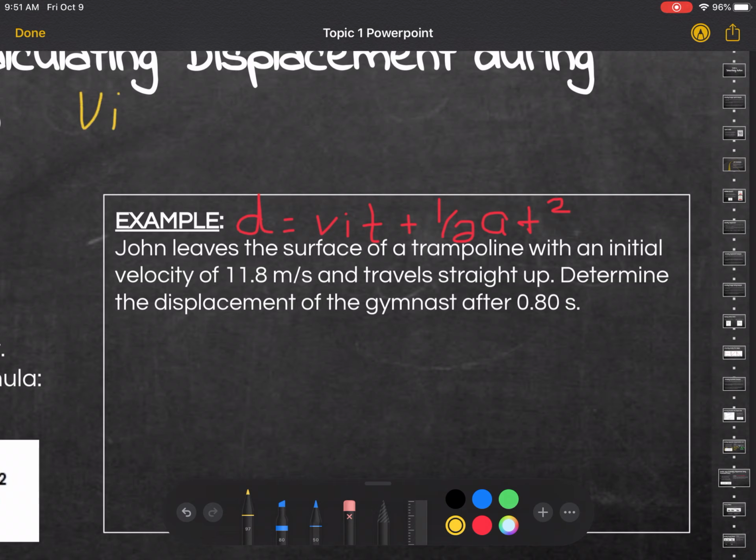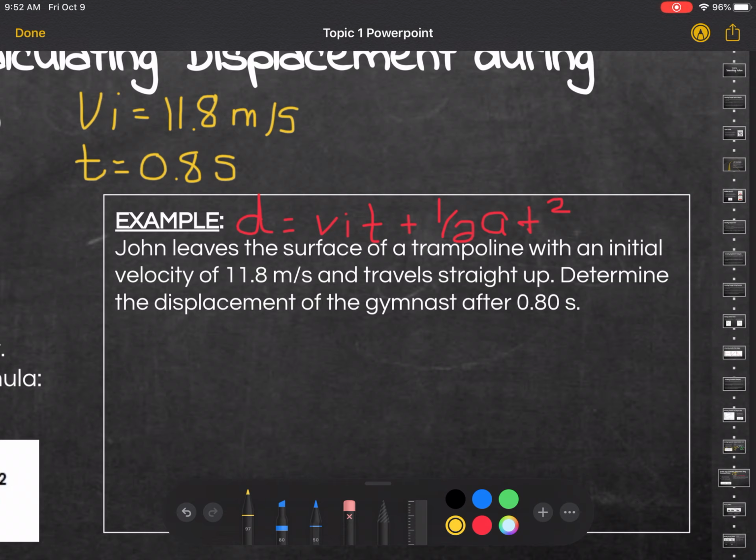So we want to write VI is equal to 11.8 meters per second and travels straight up. So he's going straight up. Determine the displacement of the gymnast after 0.8 seconds. So we've got a time, which is 0.8 seconds.